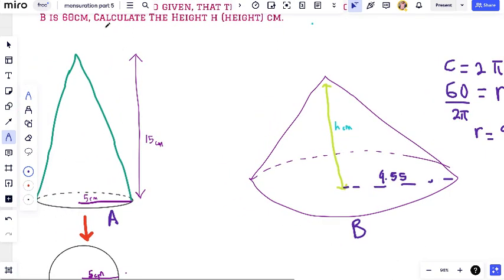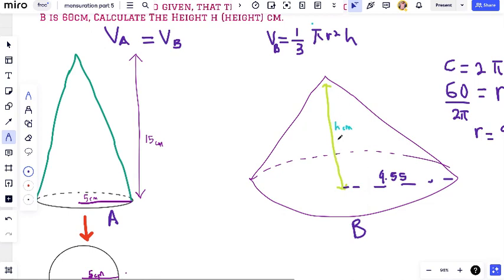The volume of cone A is equal to the volume of cone B. So once we get the volume, we slot it into the volume formula, V equals 1 over 3 pi r square H, and we make H the subject. That's another phase, because they want us to calculate this H.